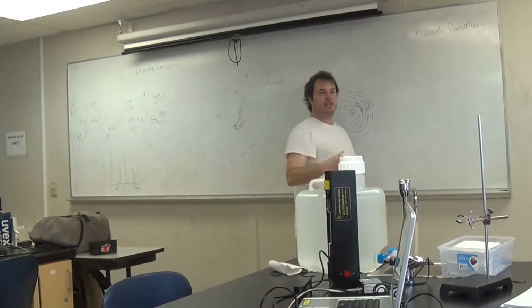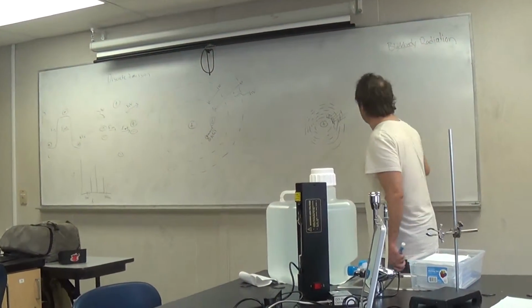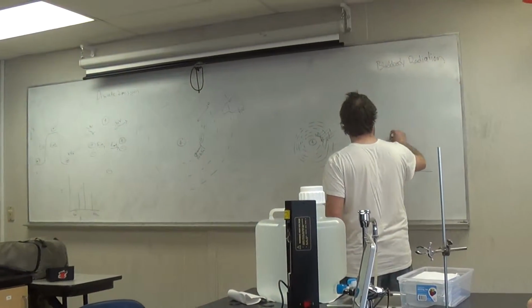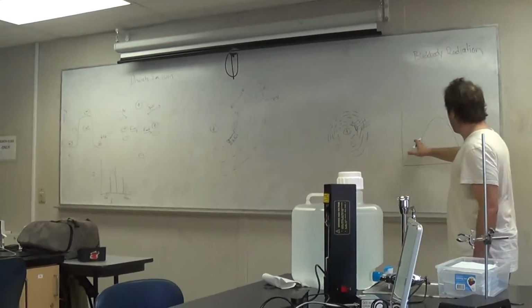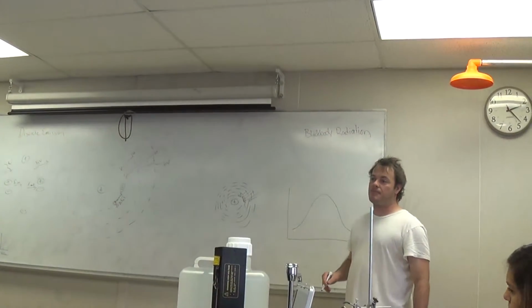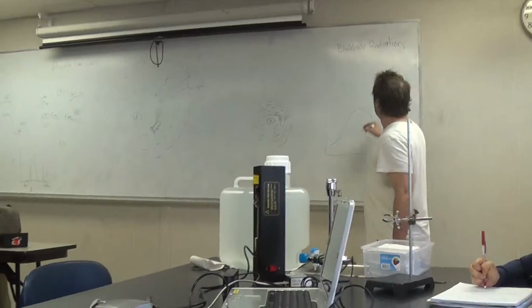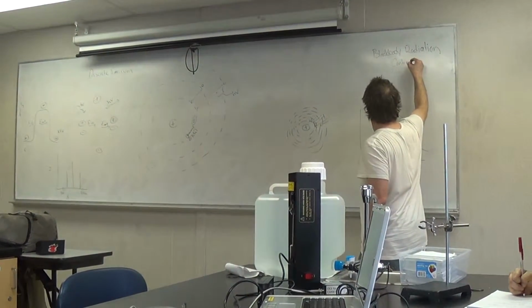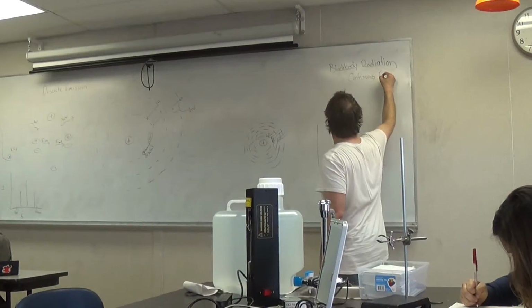And because there's so many different transitions available, your spectrum will end up being broad and covering a large range of wavelengths. This is called continuous emission.